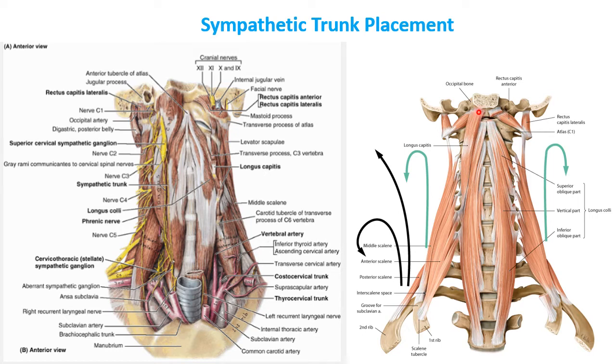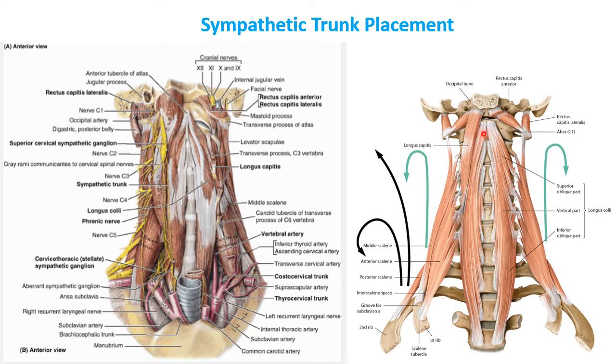Thereafter, look at this muscle, which is running from the basi-occiput all the way down to the transverse processes of the first four typical cervical vertebrae. This is the longus capitis.